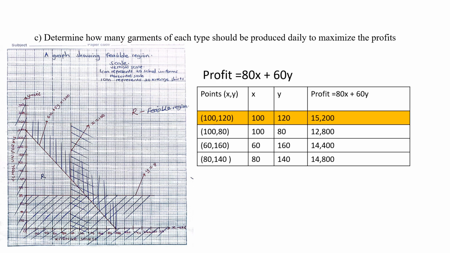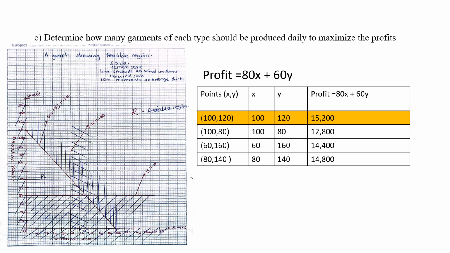Then after that, you'll need again to come and determine how many garments of each type should be produced daily to maximize the profits. Remember, our objective function is here. That is, profit is equal to 80x plus 60y. So here we shall have our table format as points, then xy, and then profit, the objective function.